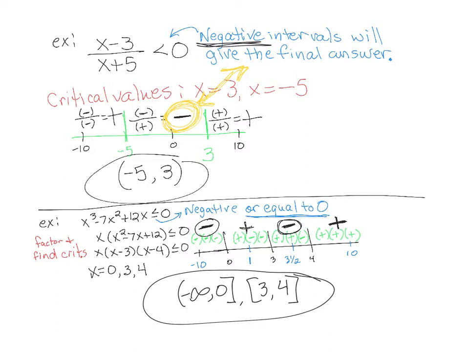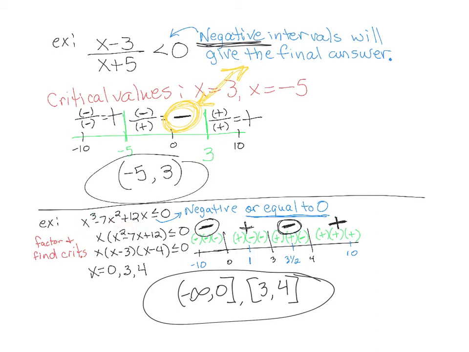So notice that we're not including either of our endpoints because we don't have an or equal to. Something to keep in mind, if you have an or equal to, you include your endpoints, but you can't divide by 0. So you have to be really careful with division, okay? Well, I'll show you an example of that coming up soon. Okay, next example. Look at this big nasty.